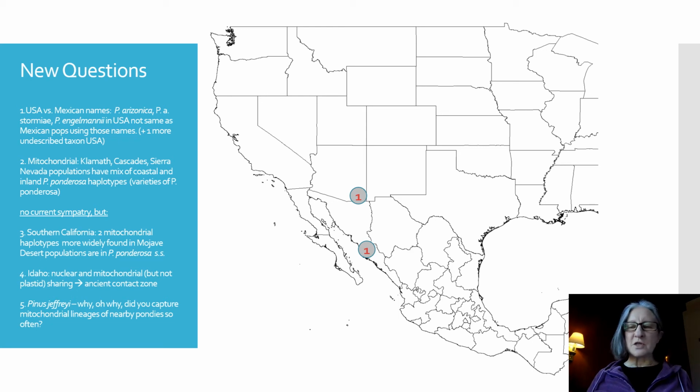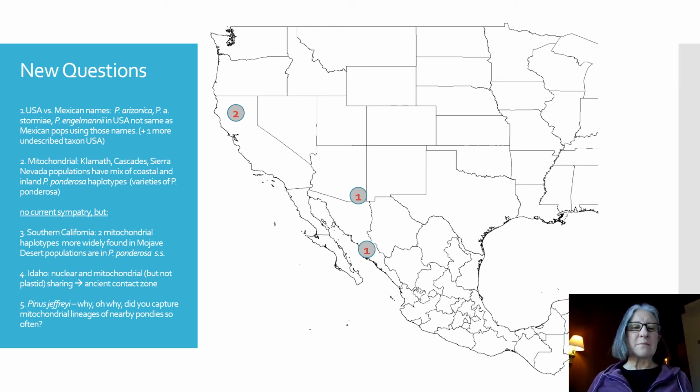And we also think that there's at least one new taxon in southeast Arizona or an outlying population of one of the Mexican taxa. The continuous ponderosa pine forest here in Northern California, where the Klamath Cascades and Sierra Nevada ranges meet, has some mixing of the coastal Benthamiana mitochondrial haplotypes and the inland ponderosa haplotypes.